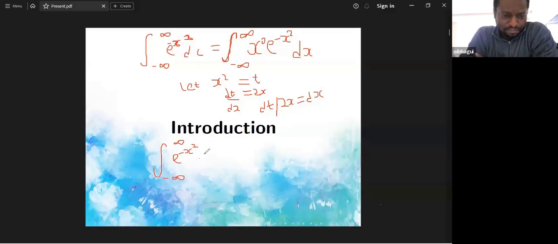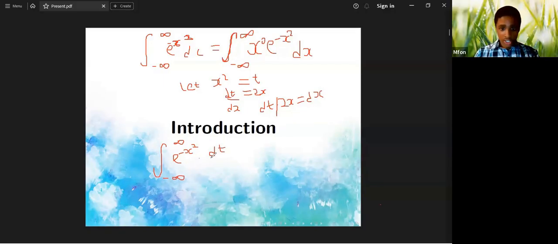So dt over 2x. Now we see that the limits are from negative infinity to infinity, and the gamma function works from 0 to infinity. So what we're going to do here is use a proof to show that this whole function is similar to another function.